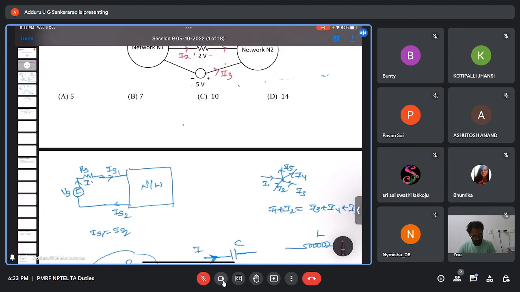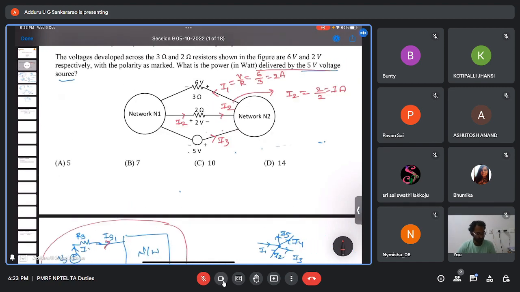Now we have seen, for a network, the total current entering should be equal to the total current leaving from the network. So let us say you take network 2, whatever the current entering should be equal to whatever the current leaving.